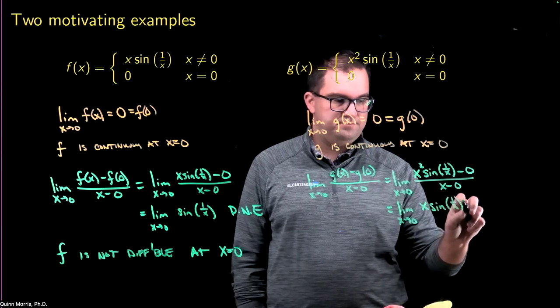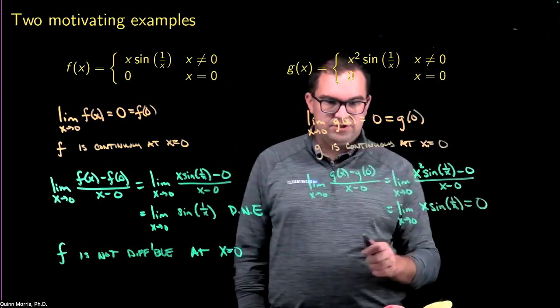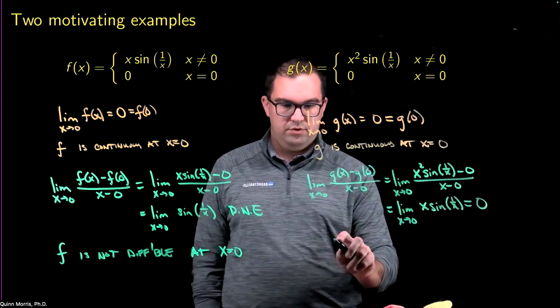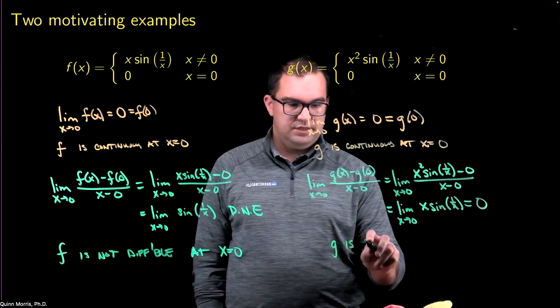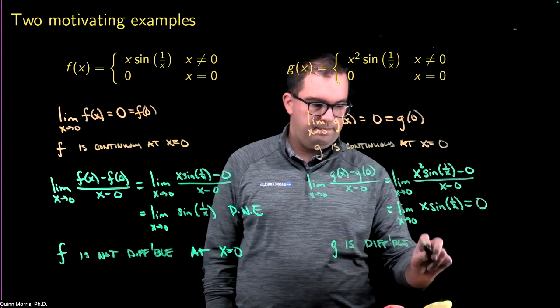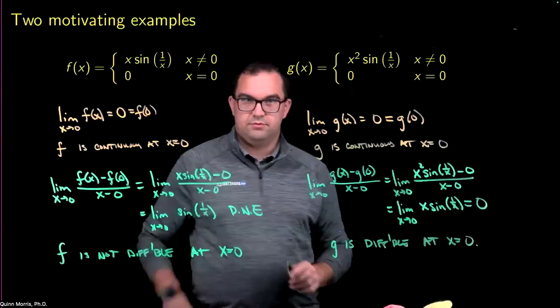And now this limit does exist and is equal to 0. Because this limit exists, that tells me my function is differentiable. So g is differentiable at x is equal to 0.